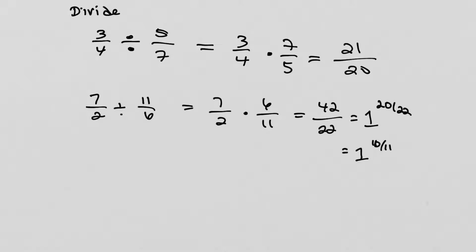Another way you can think about division is actually as a fraction. If I had 7 over 2 over 11 over 6, remember a fraction is just a division problem. It's just the numerator divided by the denominator.